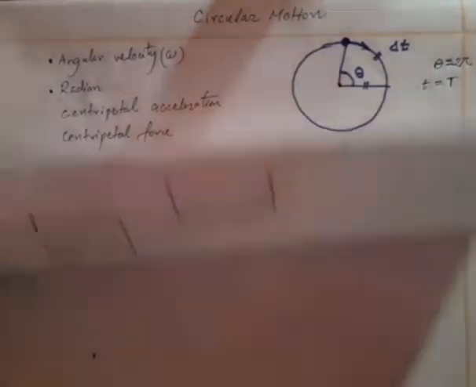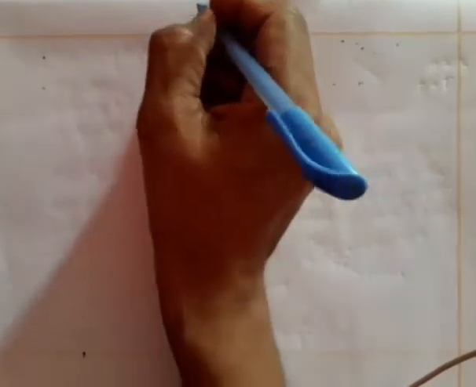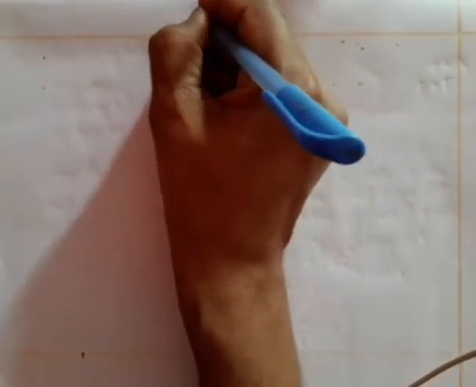Now we are moving to the next page and next topic. Let us write the chapter's name again. Circular motion.